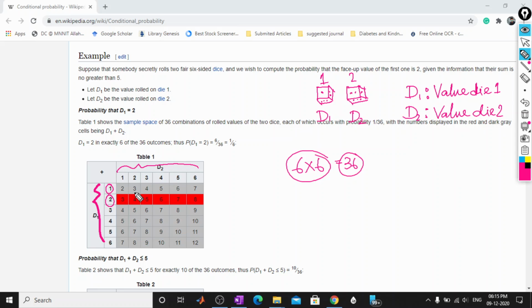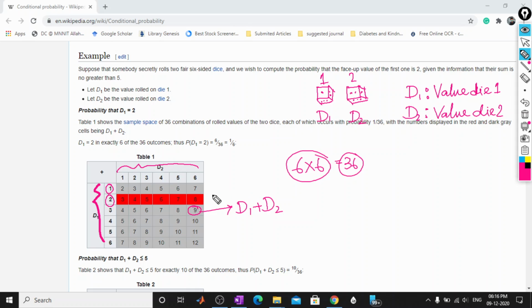The value in the table is the sum of the values of both dice, d1 plus d2. Here we see 9, meaning d1 occurred 3 and d2 occurred 6, so 3 plus 6 equals 9.